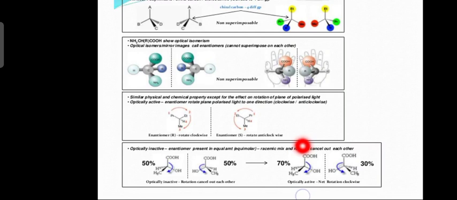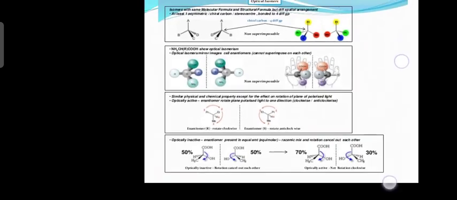Whereas here you can have 70% clockwise rotation and in the next molecule 30% anti-clockwise, but the net result is clockwise. Why? Because the mixture contains a higher percentage of clockwise rotation, so it will show clockwise rotation, and it is a dextrorotatory compound.